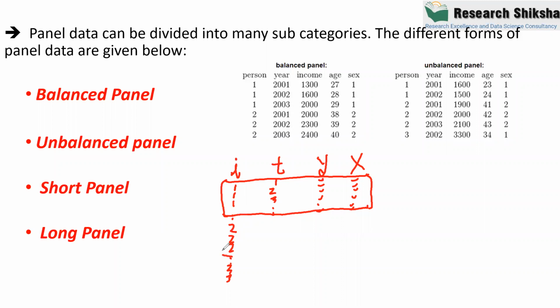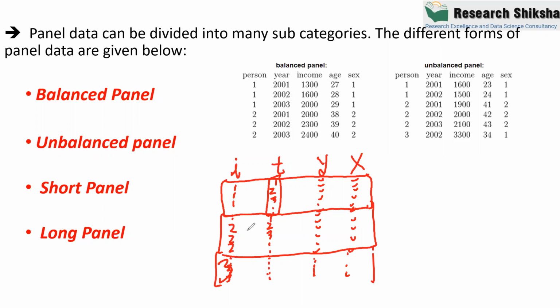Then we will mention the data of company number 2 for all the periods and for the Y values and the X values. Similarly, we keep it for the third company for many time periods, for the value of Y, for the value of X. In this way, we represent the panel data. Now, the point is that suppose you have the data of 10 years for each cross section.